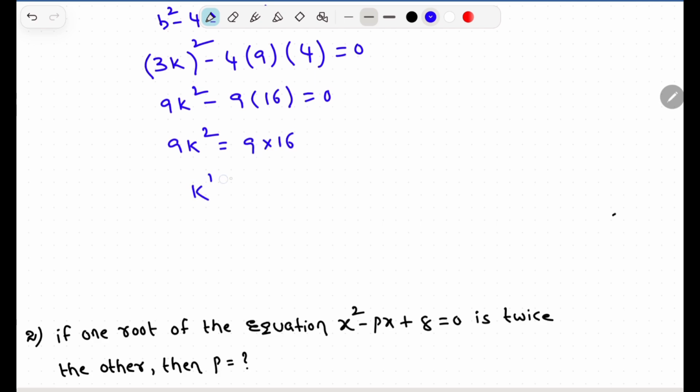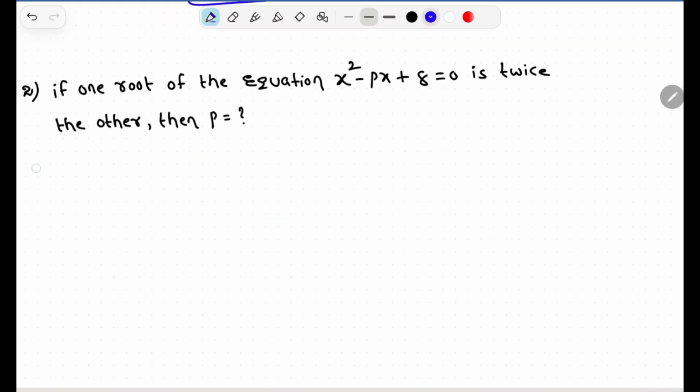Therefore k power 2 equals 16. So taking roots on both sides, k value will be plus or minus 4. So that is the answer.